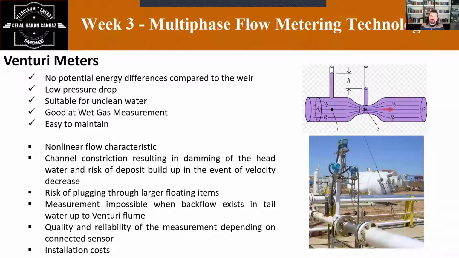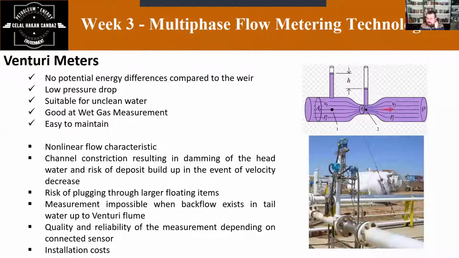Some mid-range companies use, for example, the Venturi section from a different company and put their own pressure sensors, so it creates another problem as well. These tools have installation costs. It's costly, like the Coriolis meter. Initial costs are high actually. So this can be said of Venturi meters.